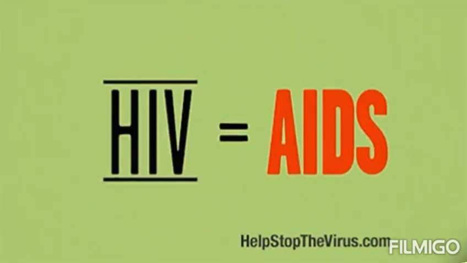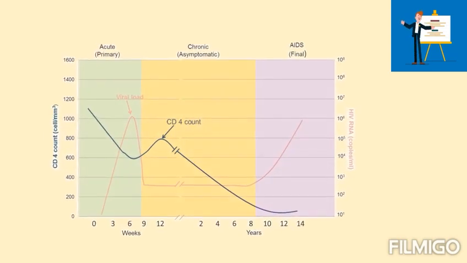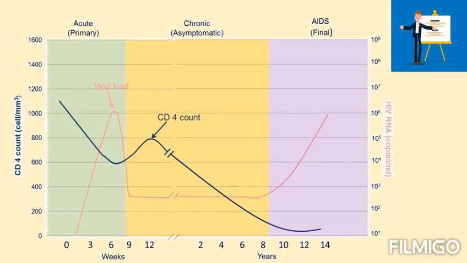Having HIV does not always mean that you have AIDS. To understand why, let's take a look at the stages of infection, or the development of HIV. There are three stages. The primary and the asymptomatic stages, the first two, can be called the seropositive stage.